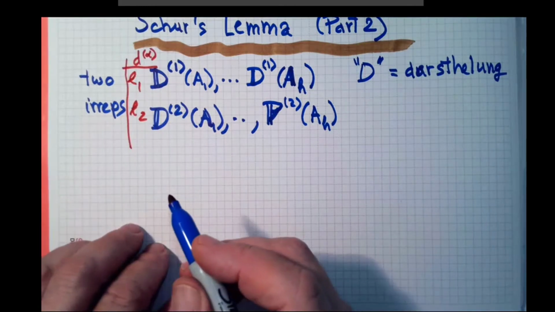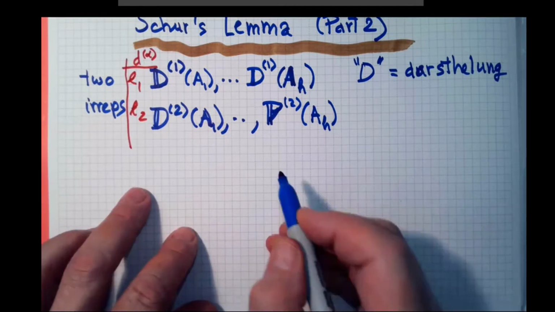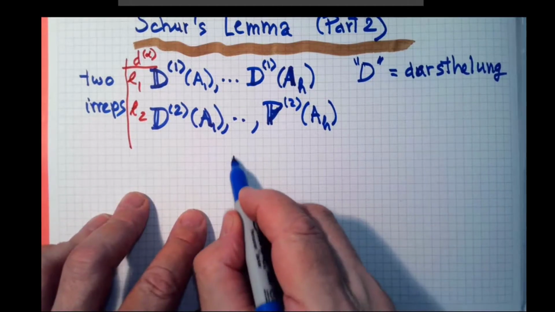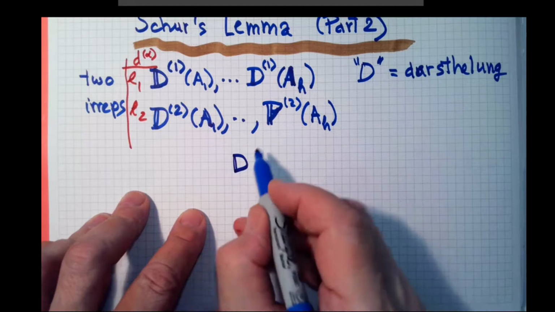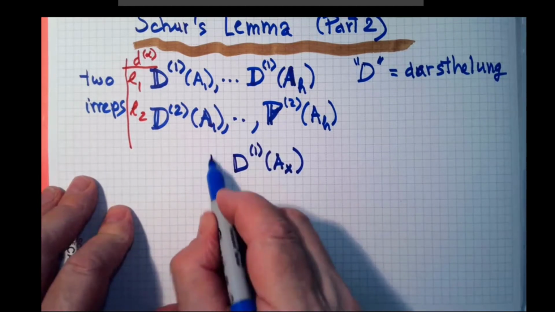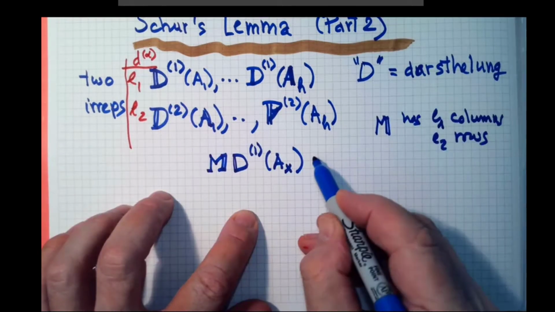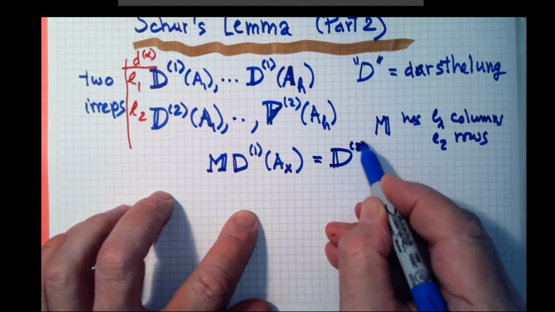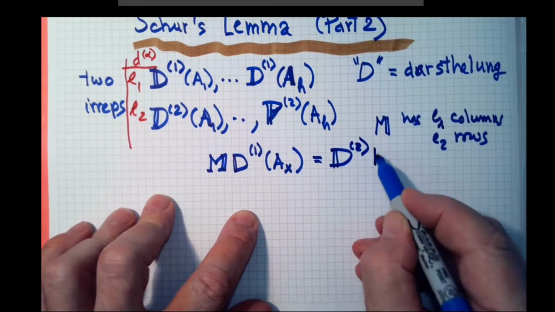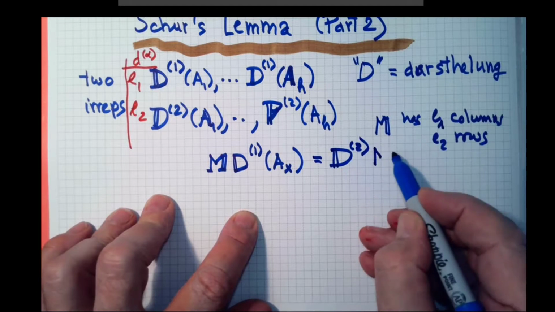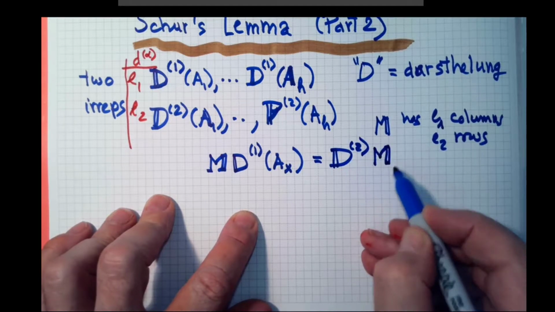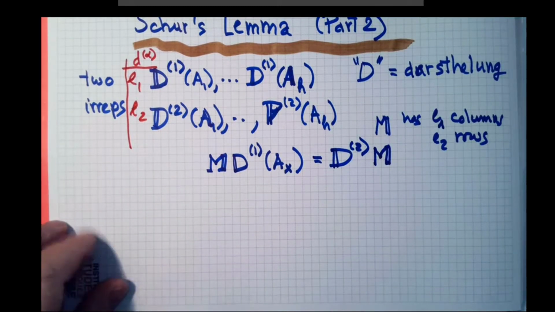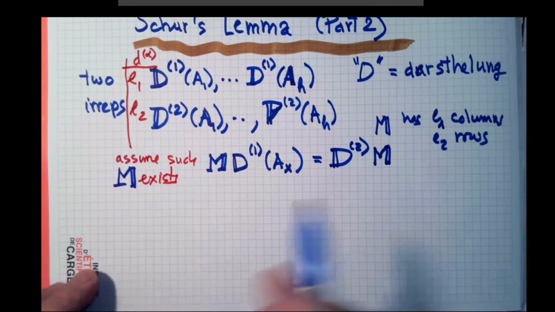Then I can imagine that there was a matrix M which was a rectangular matrix. So I can imagine that I take a rectangular matrix, which is of the L2 size. And when I multiply it from the other side, I also get the correct size. So assume it exists.